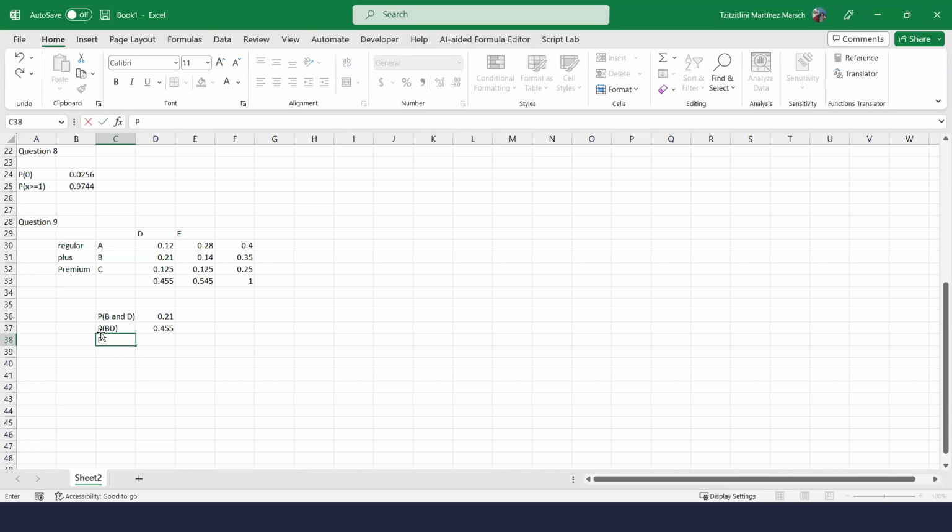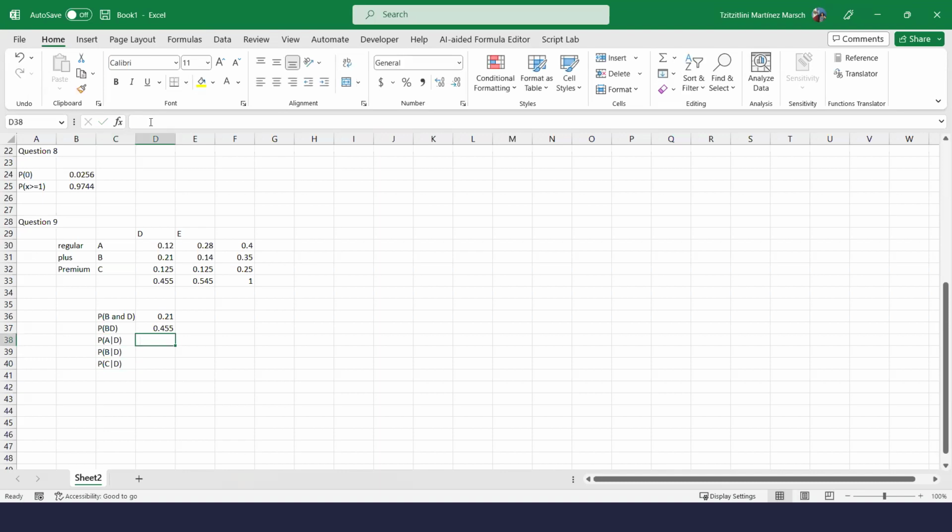Okay, so it's going to be P of A given D, P of B given D, and P of C given D, of full tanks.